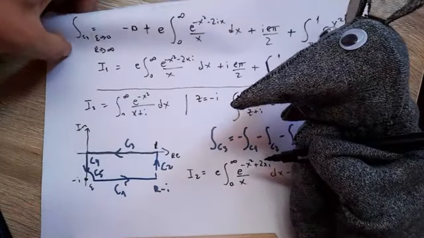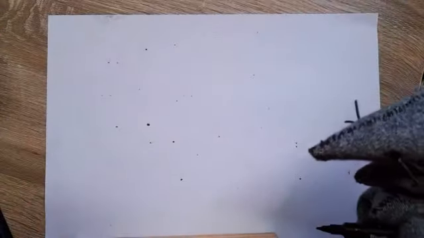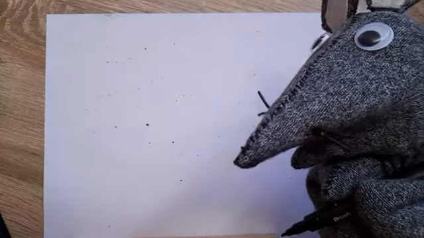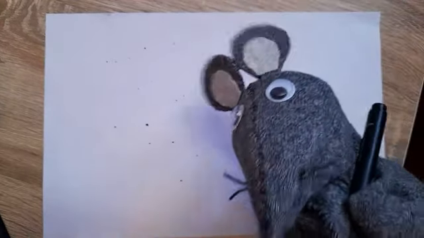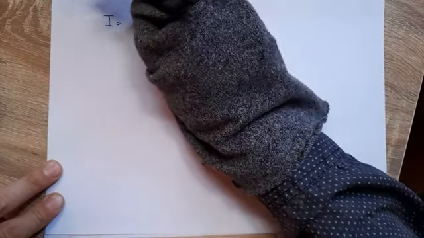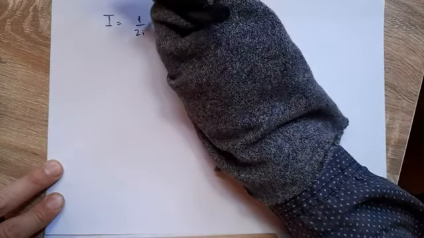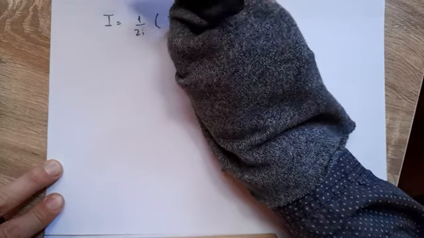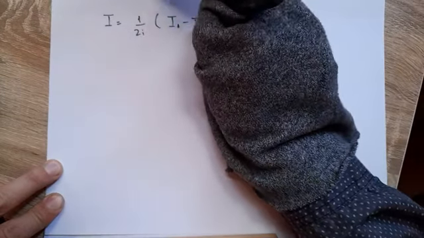So when we take the difference I1 minus I2, we will get the following. You remember our objective integral was I equals 1 over 2i times I1 minus I2.